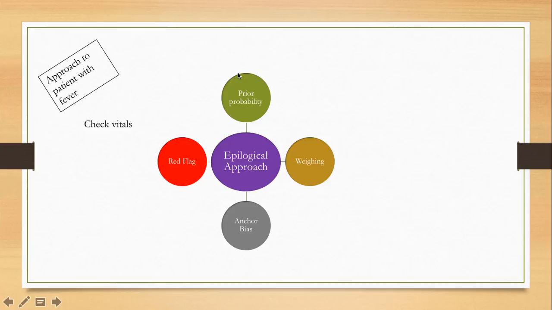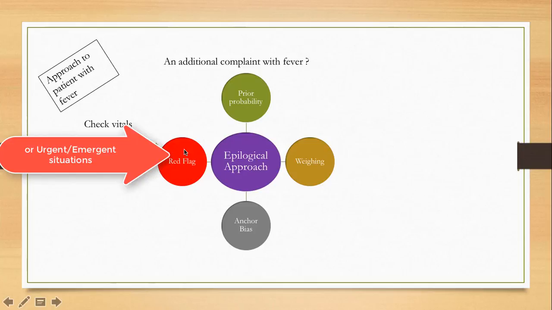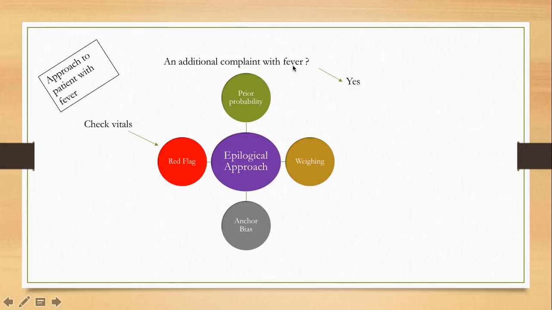So first, when you see a patient, you make sure you build your prior probability, and then you look at vital signs to make sure the patient is hemodynamically stable and there is no red flag situation. If there are additional symptoms present with fever, then you start asking questions about that system. So for example, if somebody comes in with fever and diarrhea, then of course you will ask about abdominal pain and nausea and vomiting and everything like that, and then it makes your job easy.